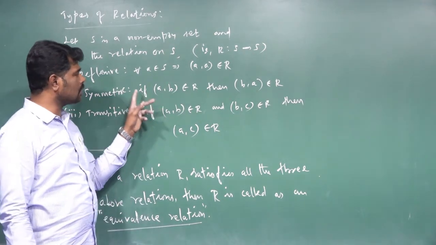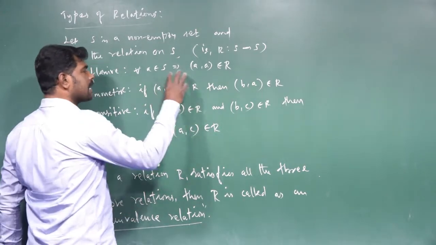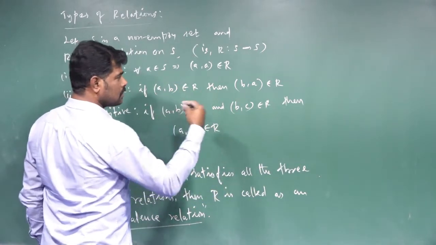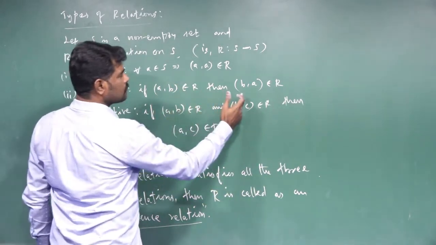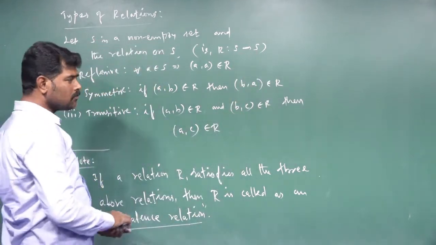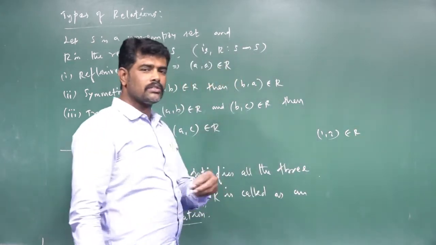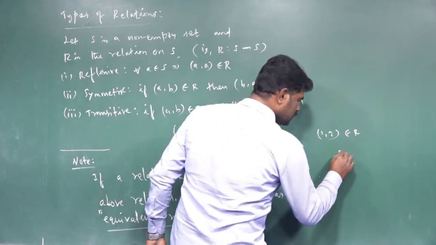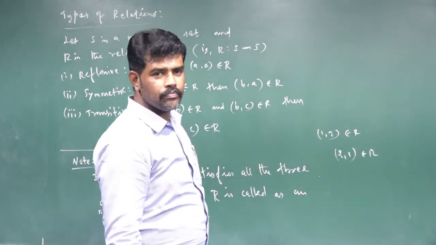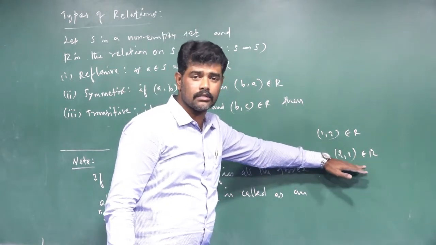The definition: if (a,b) belongs to R, then the reverse pair (b,a) should belong to R. For example, if the pair (1,2) belongs to R, then surely the pair (2,1) should exist in the relation R. Then only we can say this is symmetric.